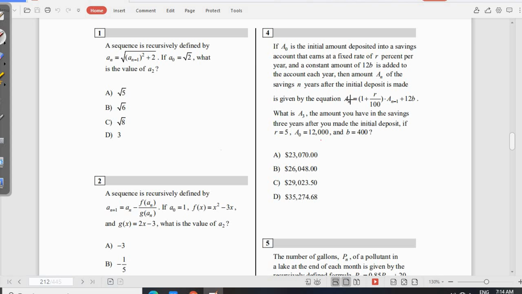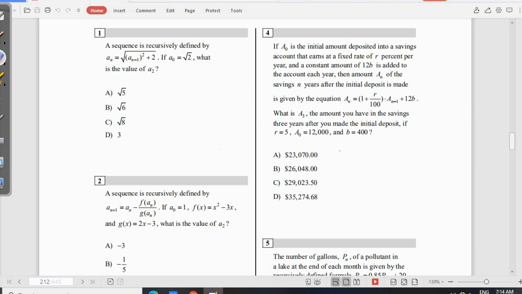So all you need to do is first put the A1 in there, and that will be equal to 1 plus R over 100. What's R, 5, over 100? That's 0.05. Add that to 1, it's 1.05.